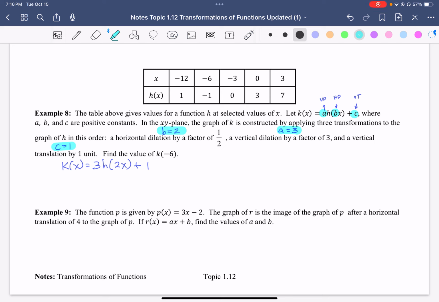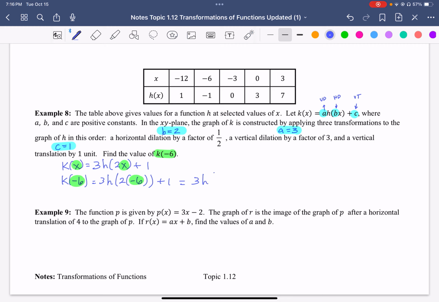Now, the next thing that they want us to do is figure out what is k of negative 6. So all I need to do is plug in k of negative 6, just like we did on the previous example. So I'm going to plug in negative 6 everywhere that I originally had an x. Okay, and that's to solve the actual question, k of negative 6. We did parentheses earlier.